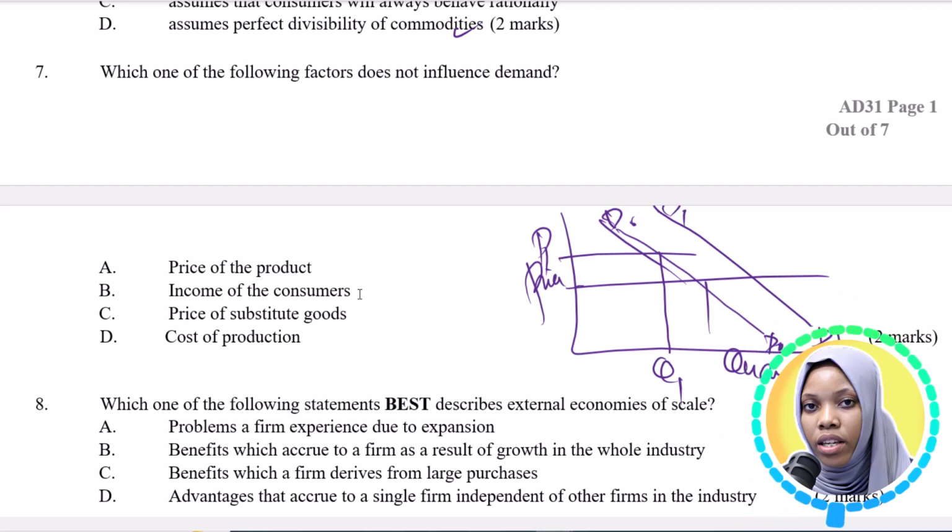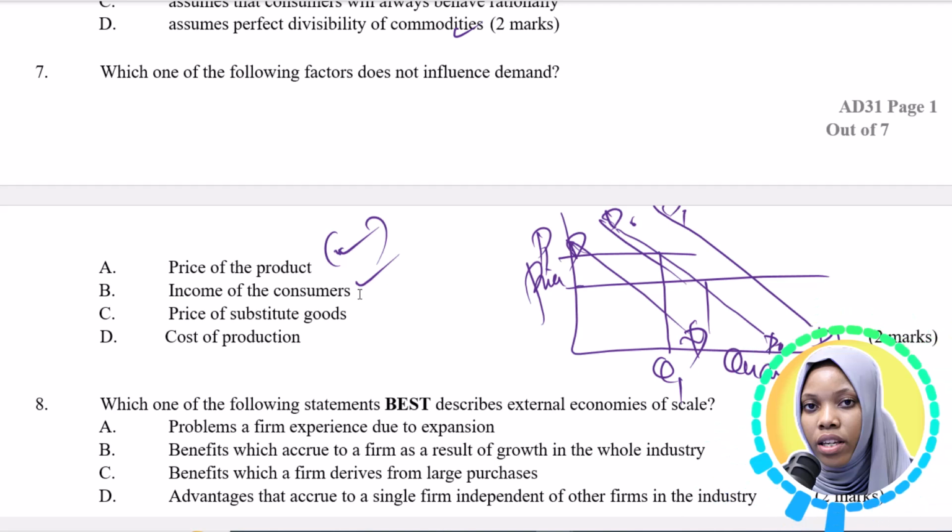So this influences demand. Income of the consumers also influences demand. If their income reduces, then they are maybe going to reduce their demand, or they are going to reduce on what they buy of the commodity.